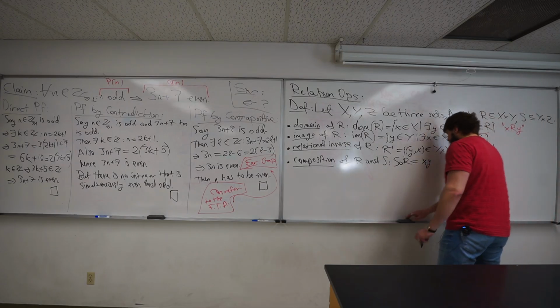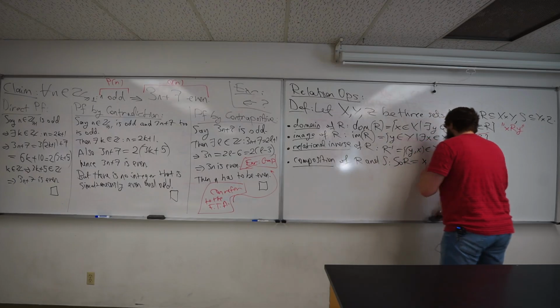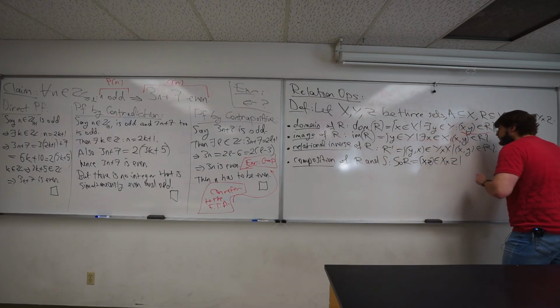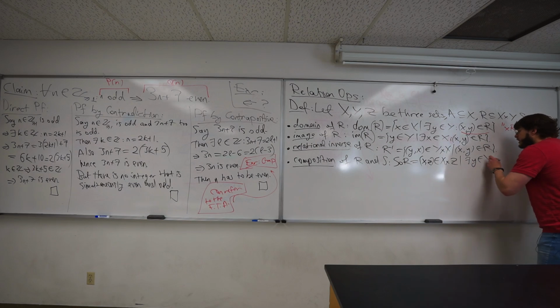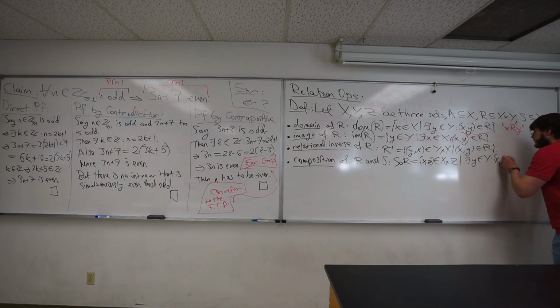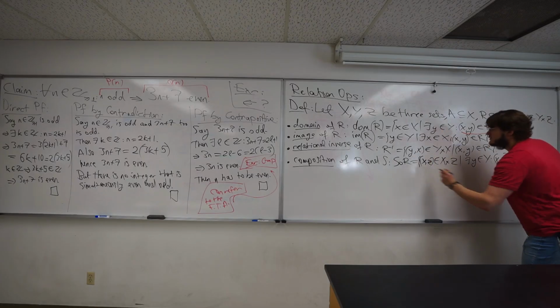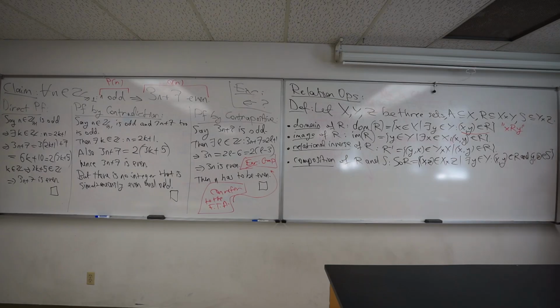The set of all those (x, z)'s in X times Z, such that for some y in Y, (x, y) is in R, and (y, z) is in S.